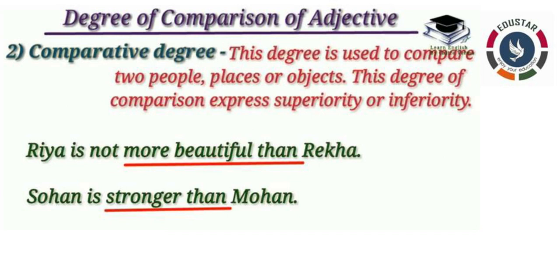So, strong will be changed into stronger, because usually the comparative degree of an adjective is formed by adding er to the adjective. And next one is comparative form is always followed by than. So, Sohan is stronger than Mohan. Can you understand comparative degree?